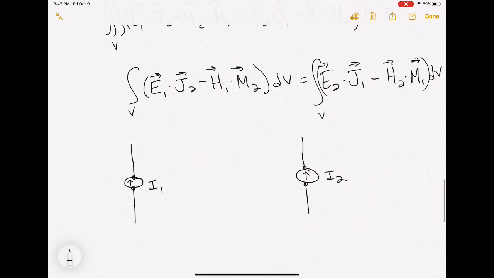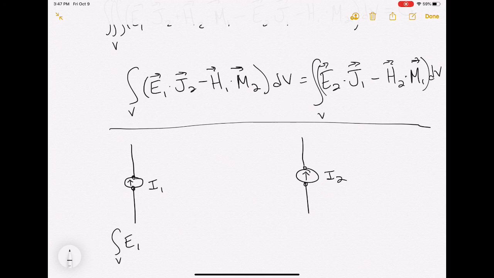If we evaluate this expression on each side, what we end up with is that this integral over the volume that contains the sources of E1 dot J2, there's no magnetic sources, so H1 dot M2 doesn't contribute anything.